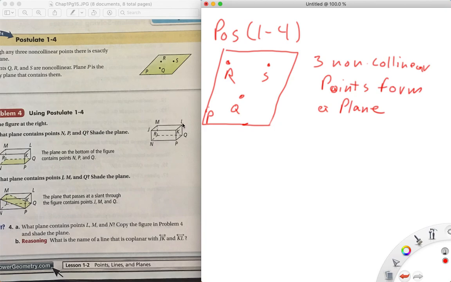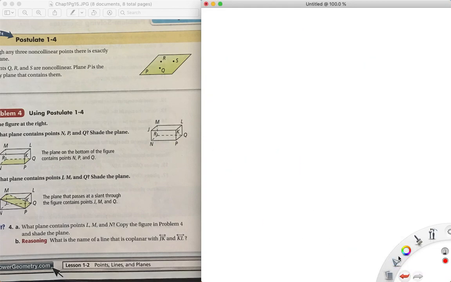It's kind of hard for me to draw. If I was to, and I'm really not good at drawing rectangular prisms, but I guess I can try. Okay, so I have this rectangular prism.